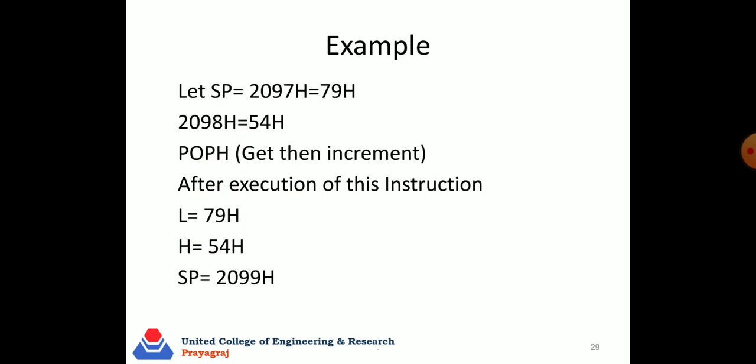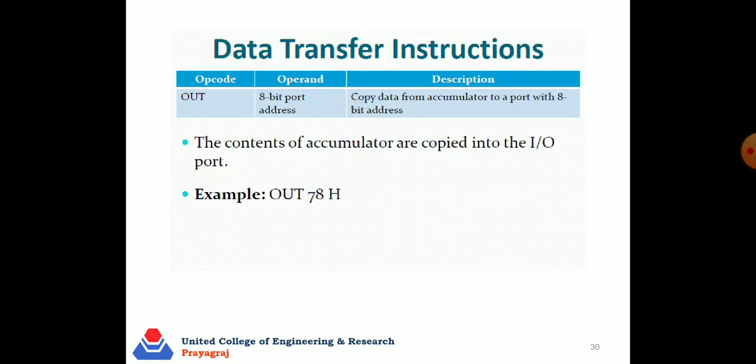Again it gets, then again it is incremented by 1, so the stack pointer becomes 2099. So first it gets the content, then it is incremented. So that is the push and pop instruction.